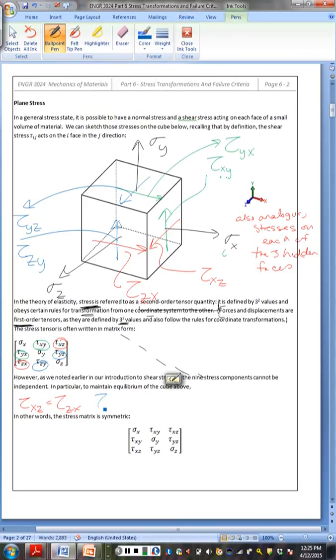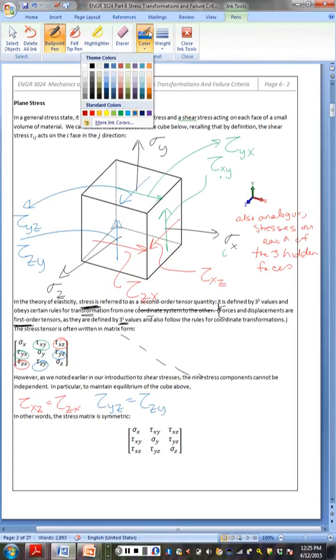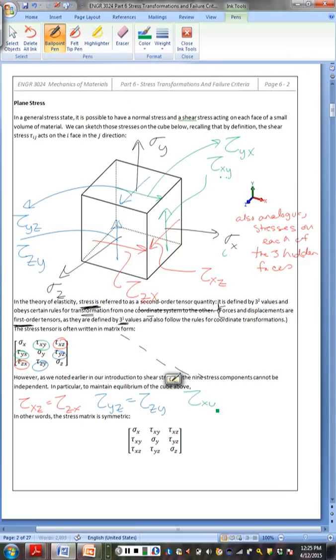We can say that tau yz is equal to tau zy. And we can say that tau xy is equal to tau yx. So that simplifies things a bit into a truly symmetric matrix.